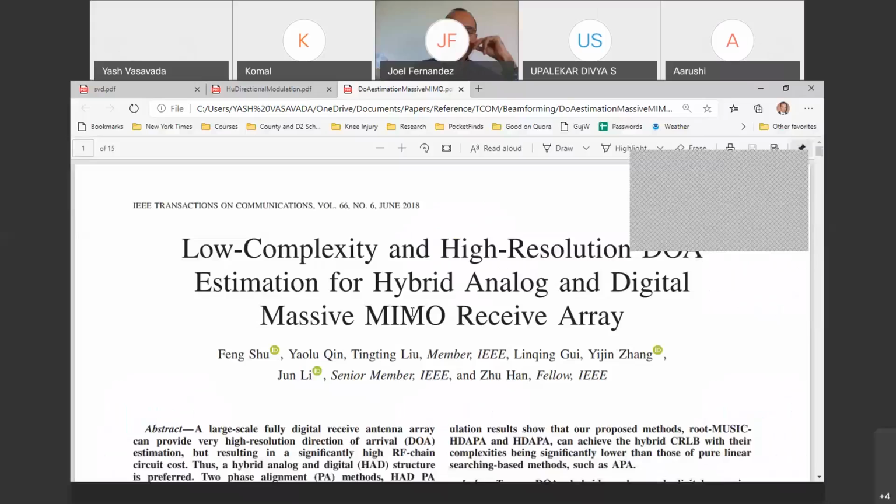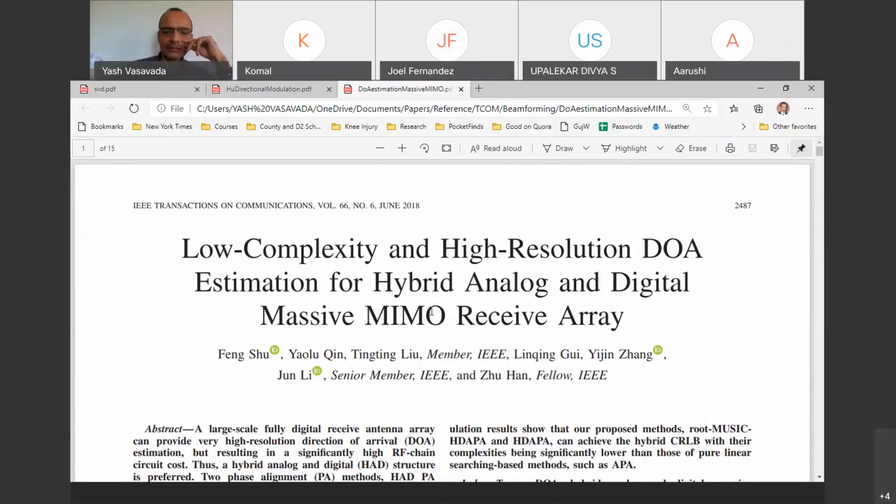Okay, so this is one paper. It appeared in IEEE Transactions on Communications about 2 years back.